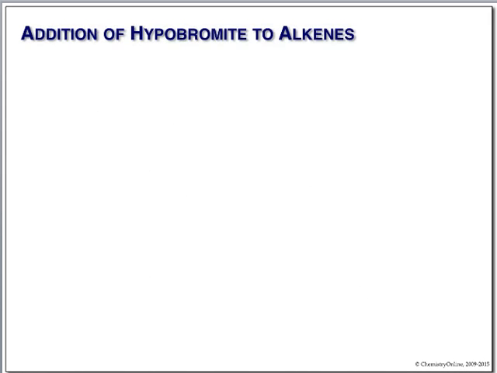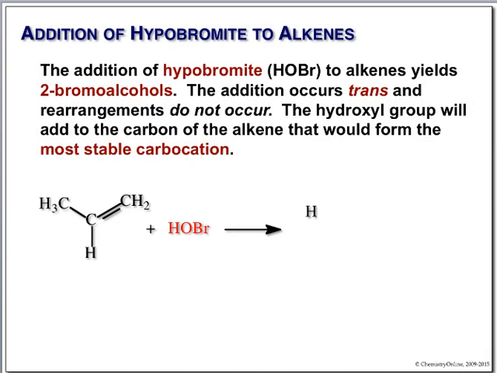Well, it turns out that hypohalogens like HOBr and HOCl add to alkenes. When they add to alkenes, you form what's known as a halohydrin. In a halohydrin, we have a halogen on one carbon and a hydroxyl group on the adjacent carbon.